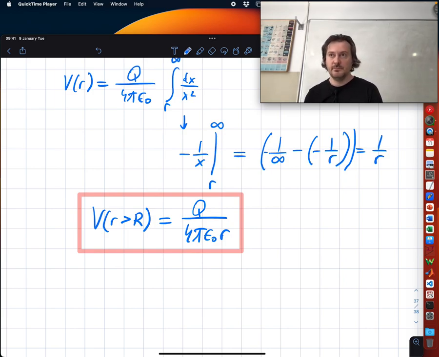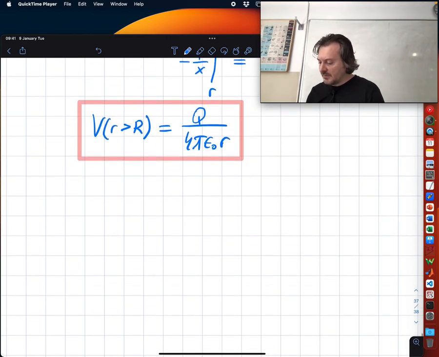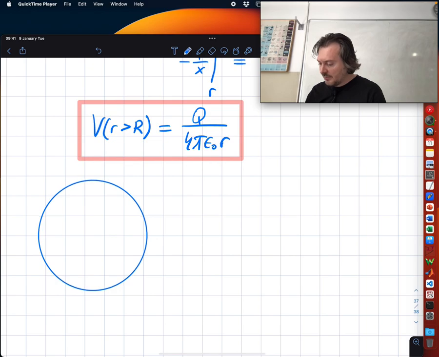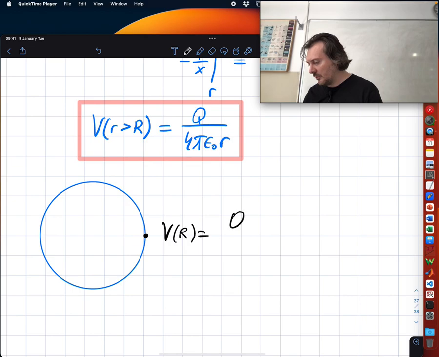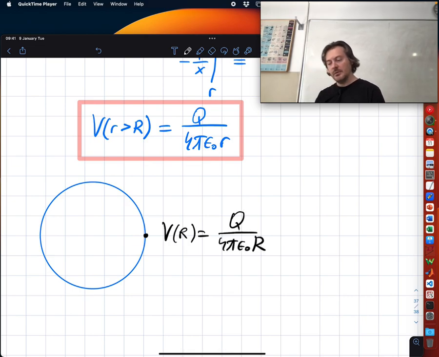Okay? So what happens inside? So far, we have found the solution for outside, and our formula extends till this point, where V of R is equal to Q over 4 pi epsilon 0 R, big R. Do you agree?